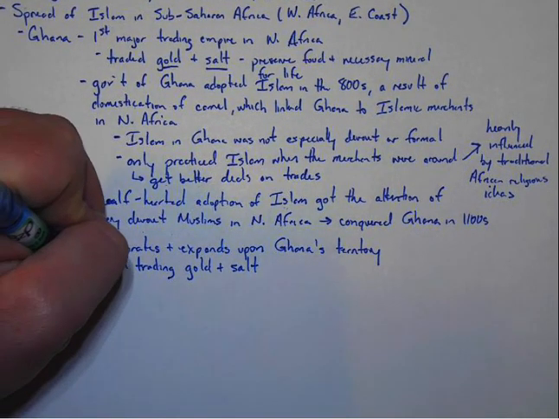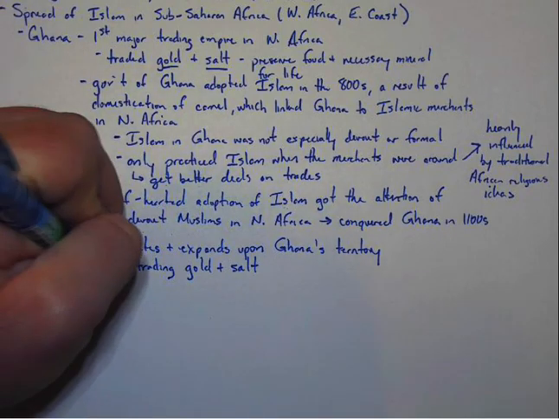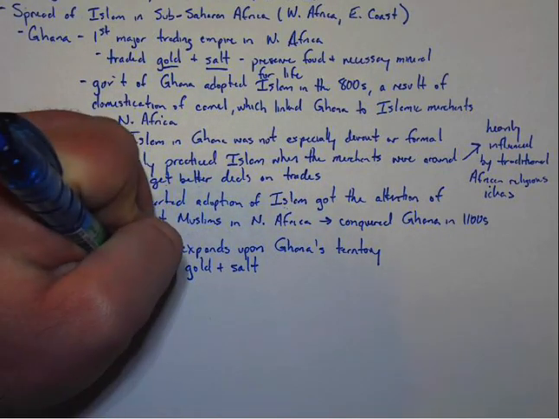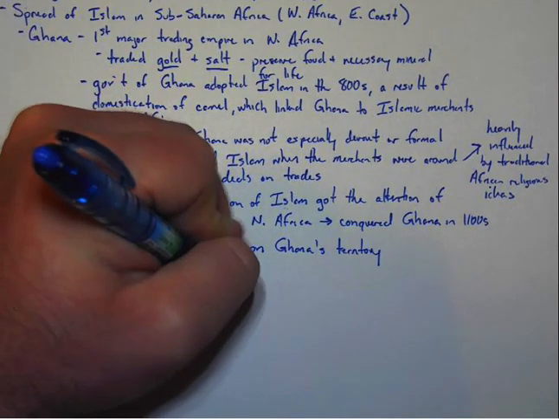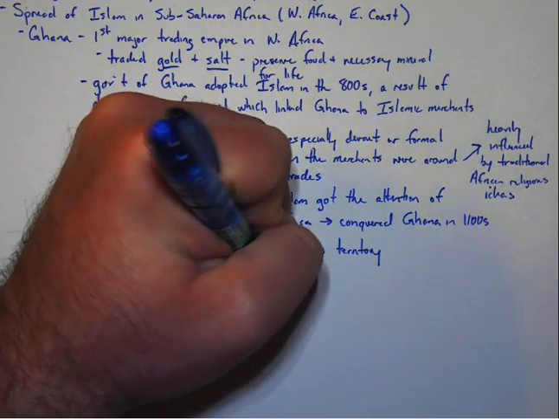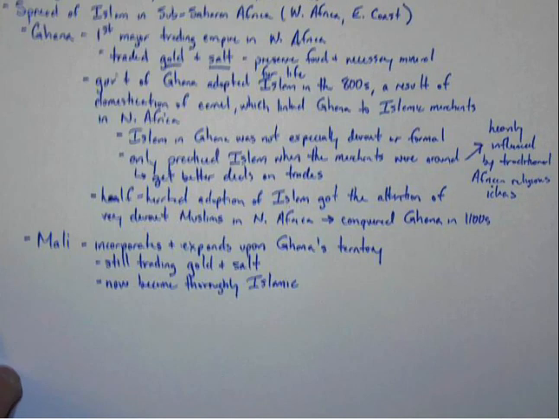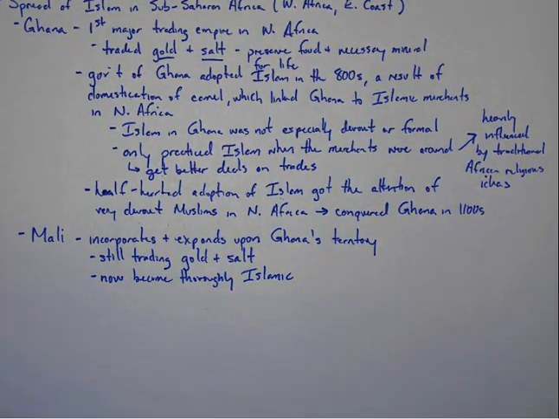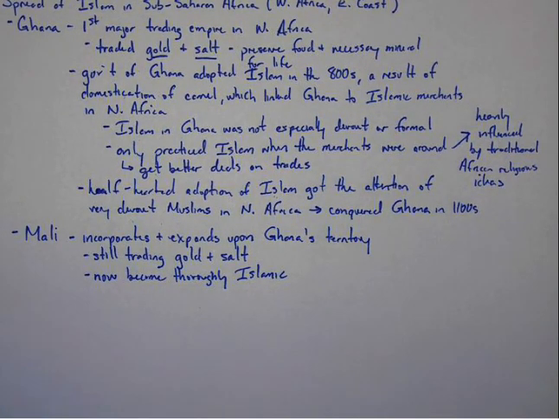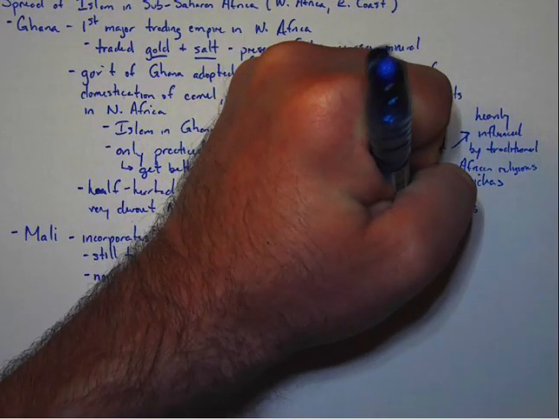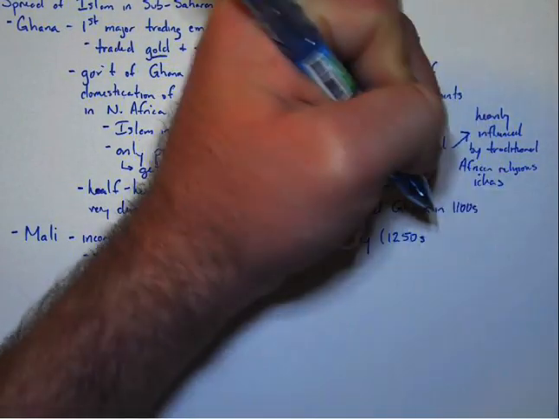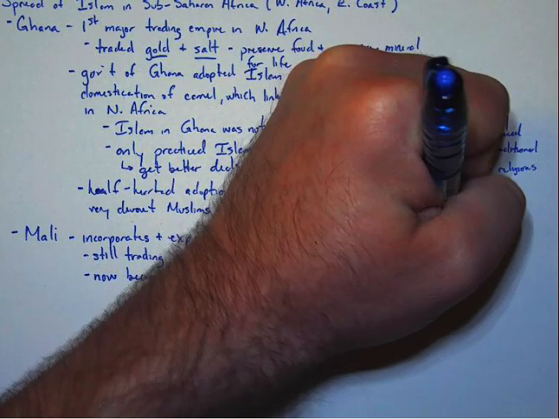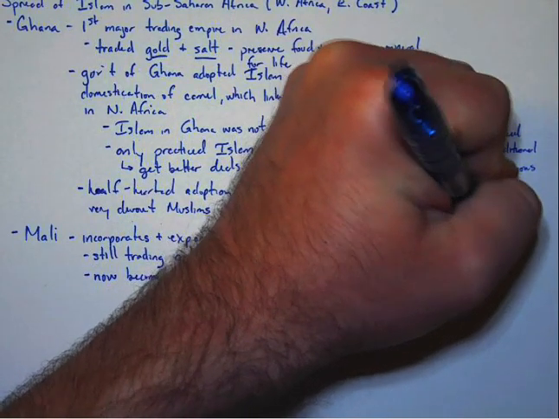And this place had now become pretty thoroughly Islamic. So this area is now over time really Islamic. So we're now kind of in the 1250s to about the 1450s.